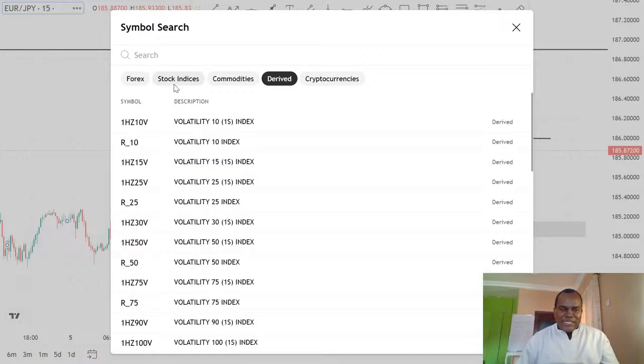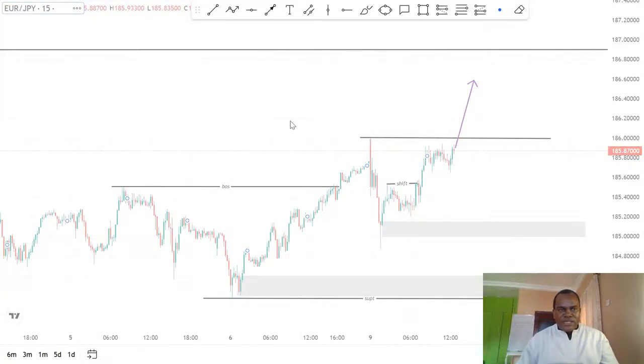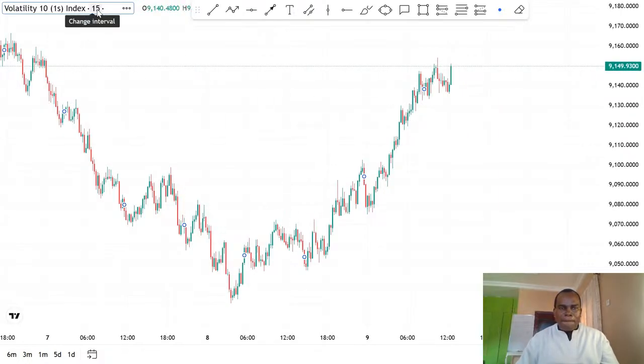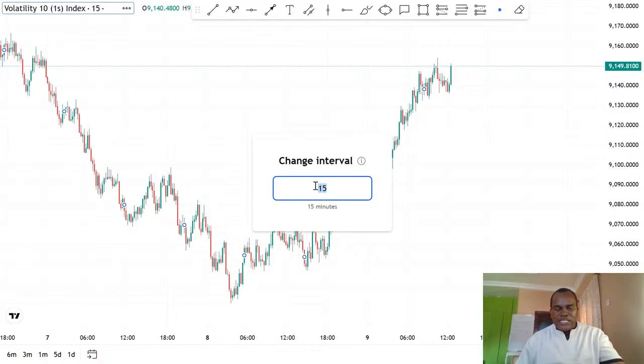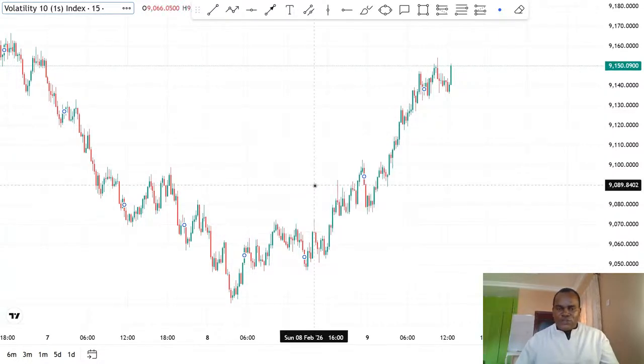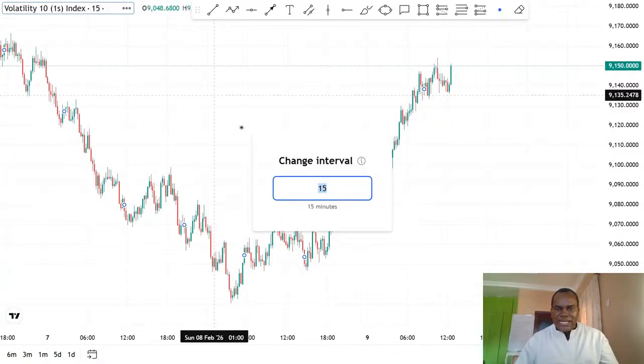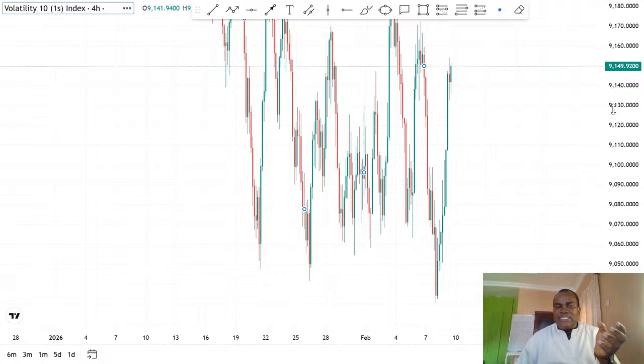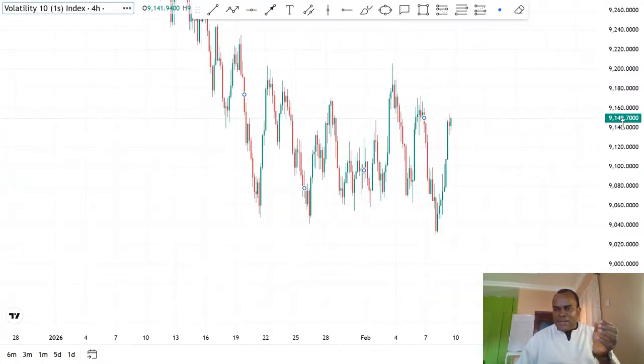All right. Let's look at VIX 101x, 4 hours. I like to start from a higher time frame, which sometimes may be 4 hours or daily or weekly, depending on what I have.